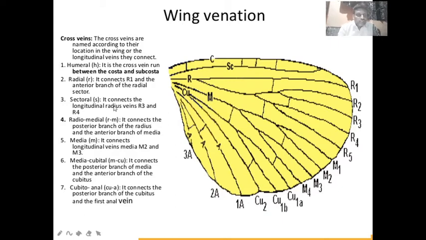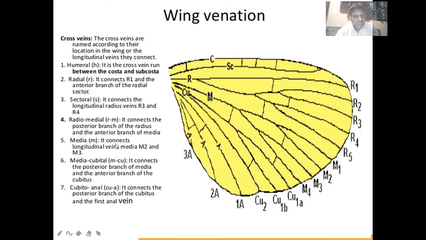Number three, sectoral veins. The longitudinal radius veins R3 and R4 are called sectoral veins. Radiomedial: when the last or posterior branch of the radius connects with the anterior branch of media, they are called radiomedial veins.